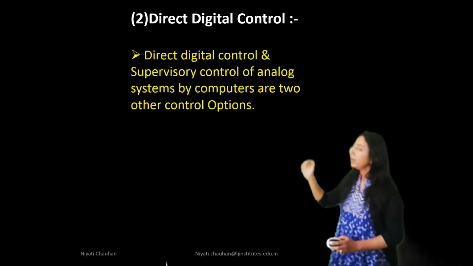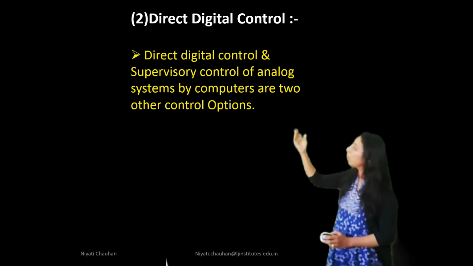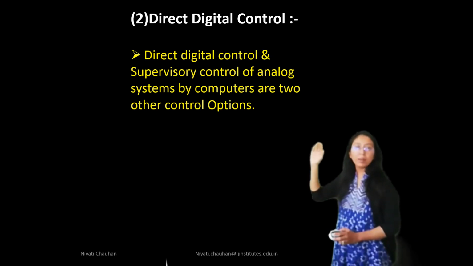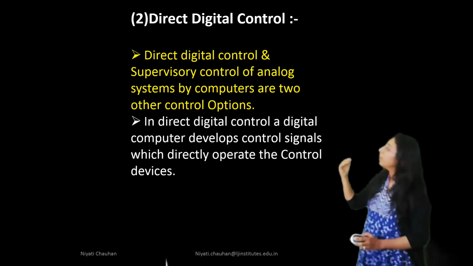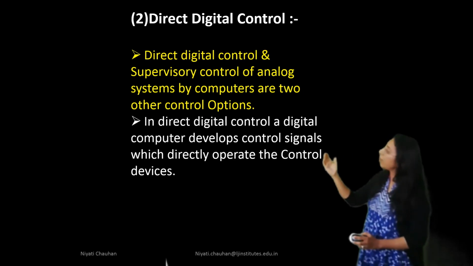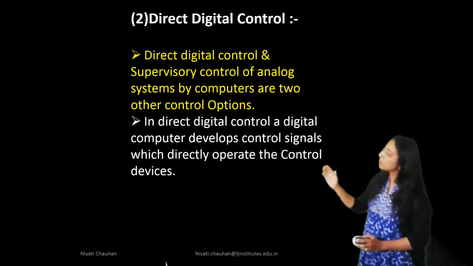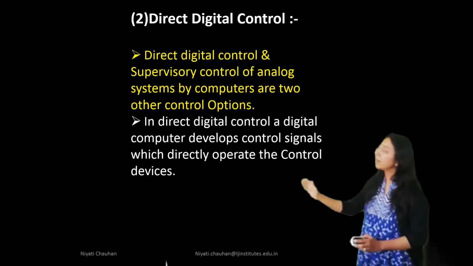Second, direct digital control. Direct digital control and supervisory control of analog systems by computers are two other control options. In direct digital control, a digital computer develops control signals which directly operate the control device.